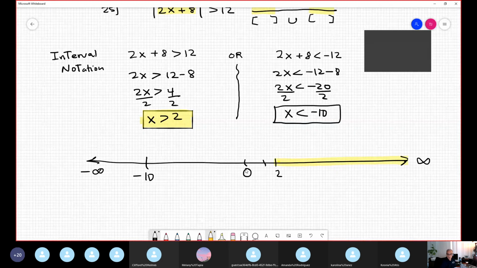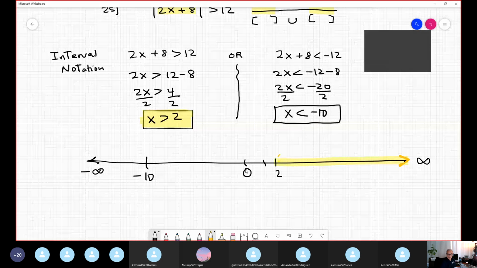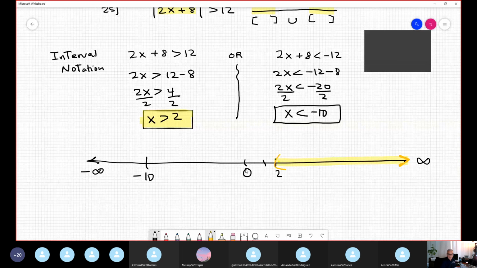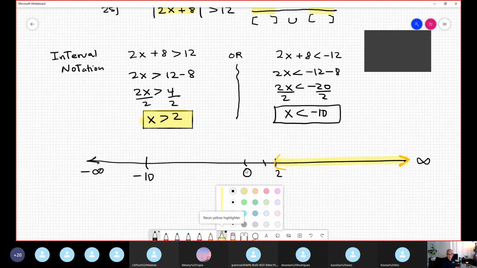This continues forever, so infinity, with a parenthesis here because I don't see any equal sign. However, negative 10 is less than, because it's to the left, in that direction.